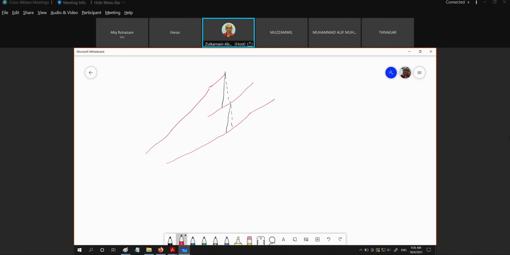But if we have reheat, let's say this is our reheat, and then this should be our second expansion after the reheat process. Now let's compare the exhaust gas temperature. This is the exhaust gas temperature with reheat.